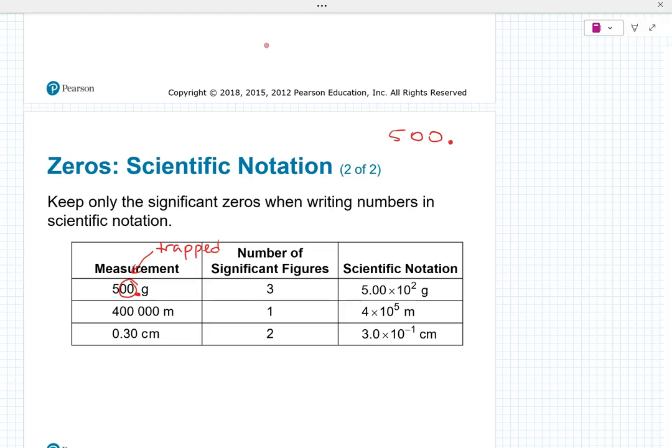So, when we convert from the regular writing to scientific notation, the number of significant figures does not change. Okay, see that? So, this number, for example, has only one significant figure, which is 4. So, this is the way we write it down. That's 4. Okay? That's your one significant figure. All good?